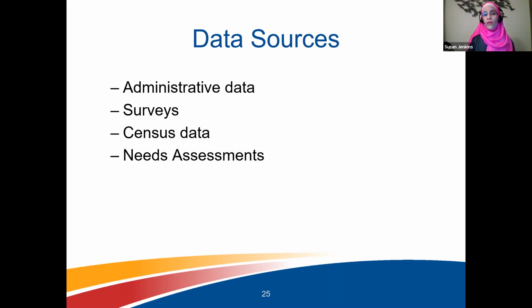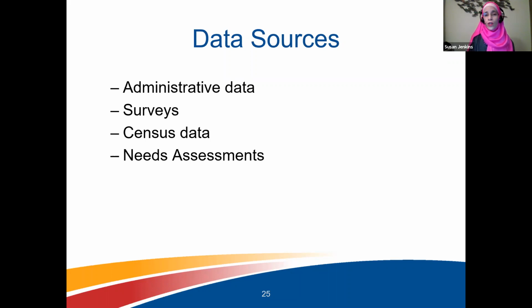And when you focus on the organizational outcomes related to improving service quality, improving staffing, improving capacity, it's likely that you have very good administrative data and a lot of administrative data about those program operations that you can use.